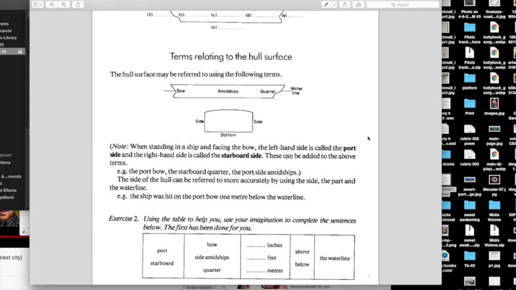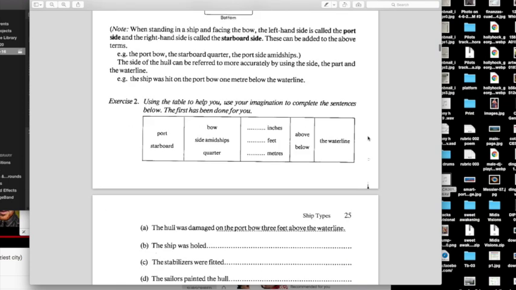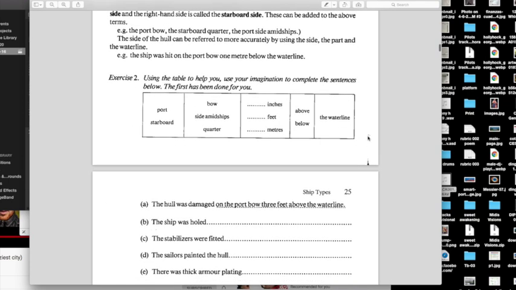In here, use your imagination. No rights, no wrongs. Here you're going to complete this. The ship was holed. They made a hole where the ship was holed, starboard quarter, 15 inches below the waterline, for example.